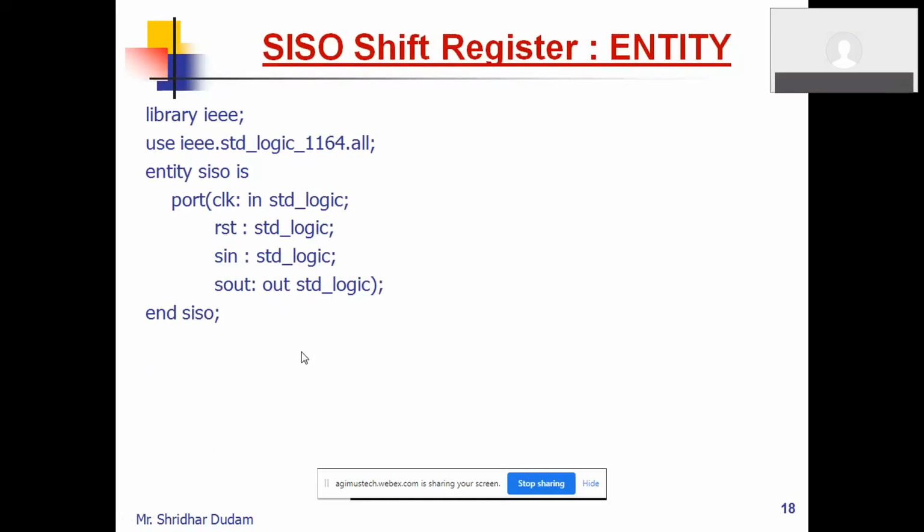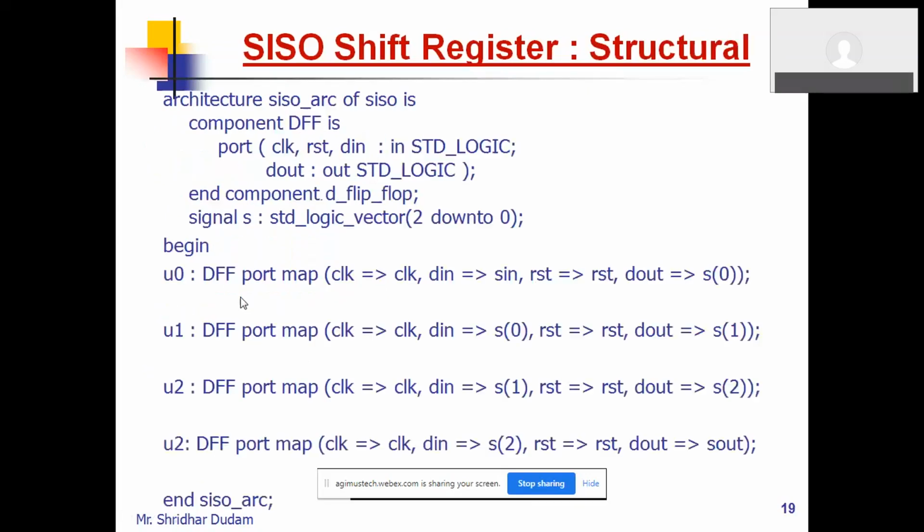Now here I've declared the entity which has an input called SIN and an output called SOUT. Here the D flip-flop is used as a component, and I have to use 4 D flip-flops which are going to be instantiated.